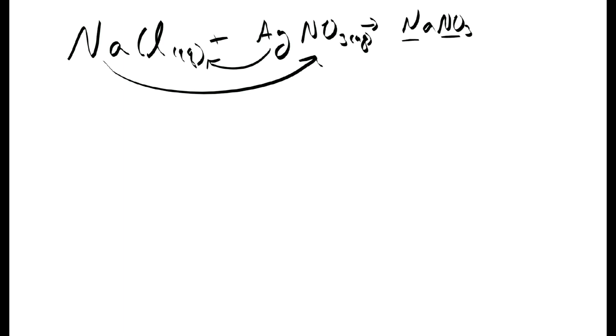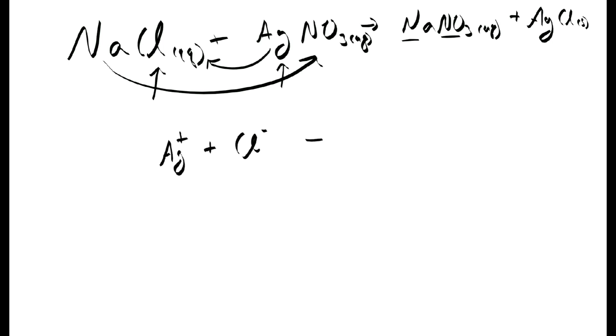That's a double whammy. Soluble. Silver plus chloride is one of our insolubles. So, silver chloride, solid. If you were to reduce this to a net ionic equation, that's Ag plus Cl minus goes to form solid silver chloride.